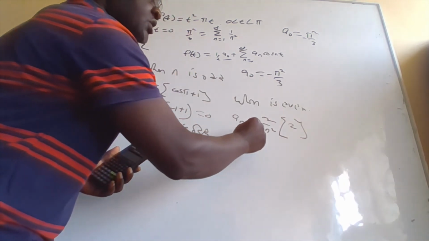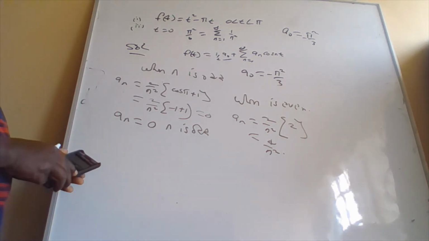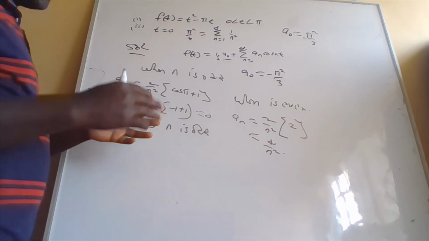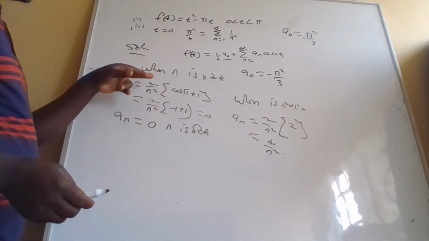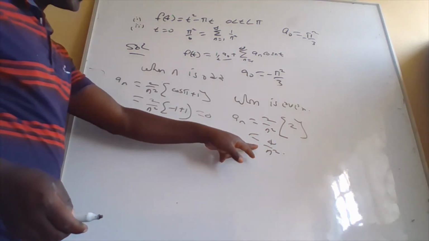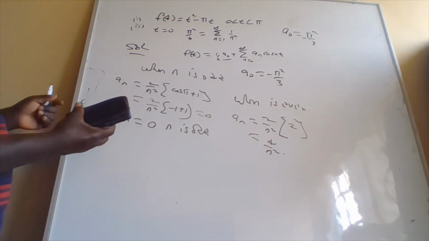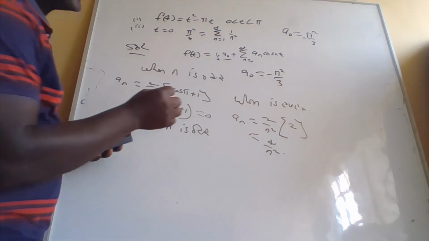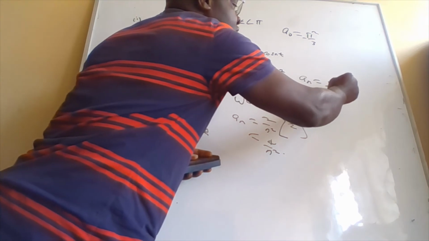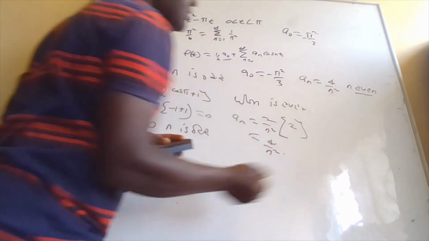You have 2 times 2, which equals 4 over n squared. So what does this mean? It means that the series only exists with even numbers. At odd numbers, there is no series, but at even numbers, the series is 4 over n squared. So we are saying that our an equals 4 over n squared, n even.